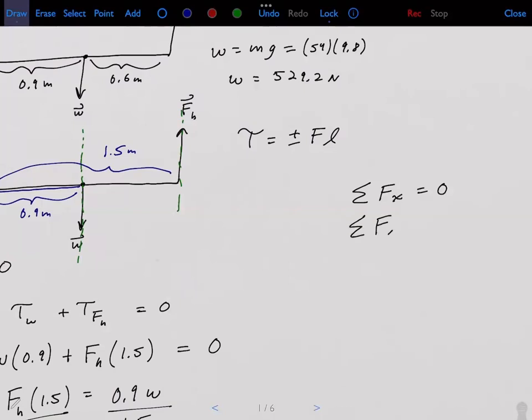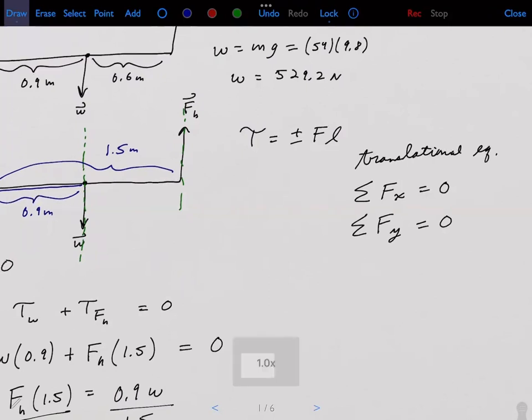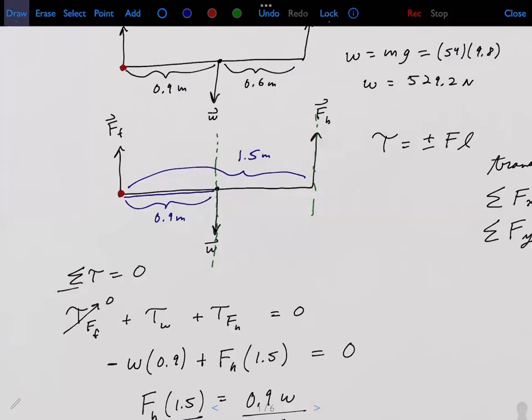It's really going to be the y direction that's important for this example, okay? And why is this true? Because she's in translational equilibrium. And then earlier we had the sum of the torques is 0 because she was in rotational equilibrium.